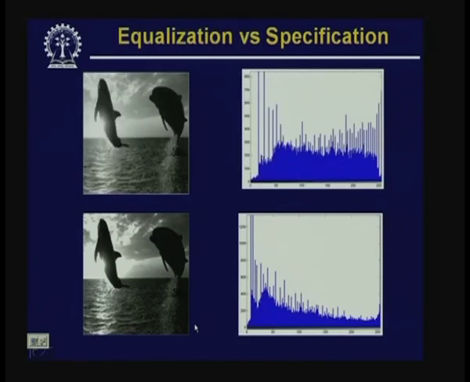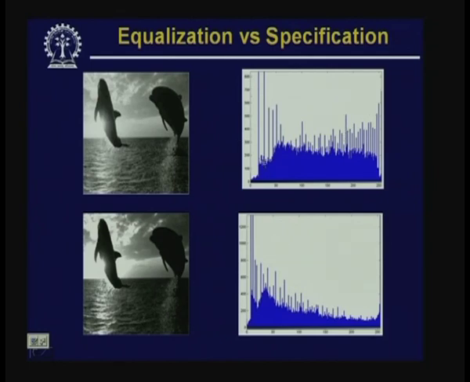Now, to compare the result of histogram equalization with histogram specification, on the top I have shown the same histogram equalized image that we have shown earlier, and on the bottom row we have shown this histogram matched image. And in this histogram specification, the target histogram which was specified was the histogram obtained using this equalization process.